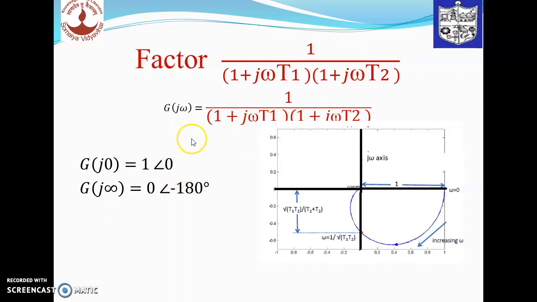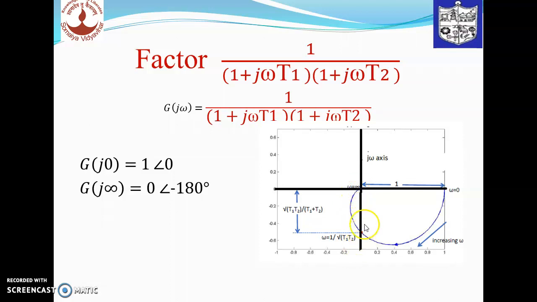When it is infinity, 1 upon infinity will be 0, with minus 90 from this factor and minus 90 from this factor, giving 0 angle minus 180. Now this will be the nature of the polar plot. At omega equals 0, I have magnitude 1, and at omega equals infinity, magnitude 0 but angle minus 180. So that angle is this. It will cross the j omega axis and come like this.